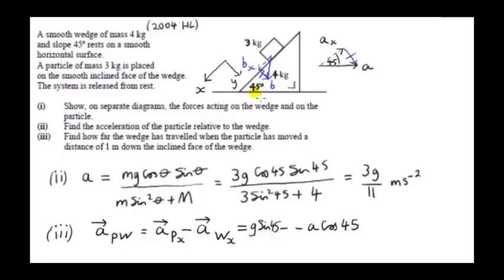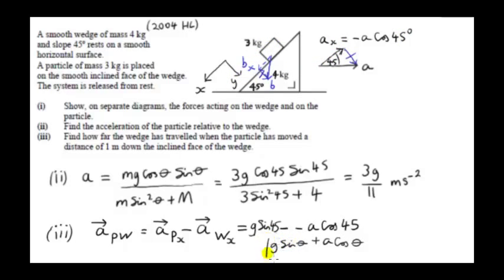In our example, theta is 45 degrees. Then we have to subtract the x component of the acceleration, and we saw that the x component of the acceleration is minus a cos theta, where theta is 45 degrees in this case. Okay, so it's pointing in a negative x direction, that is up the incline.